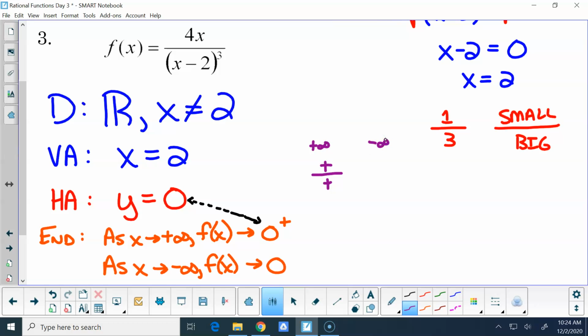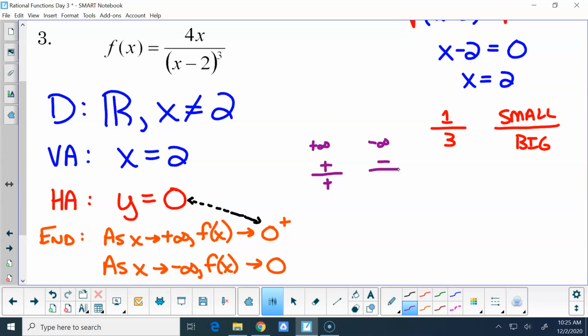Okay. If I put in a really small negative number, so now let's go to negative infinity. I put that in on top, I'm going to multiply that by 4. That's going to be still negative, right? Negative 1,000,000 times 4 is negative 4,000,000. Okay? If I put in a negative number on the bottom, I'm going to subtract 2 more first, so it's still going to be negative, and then I'm going to cube it.